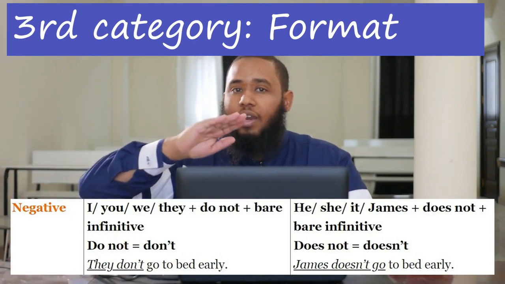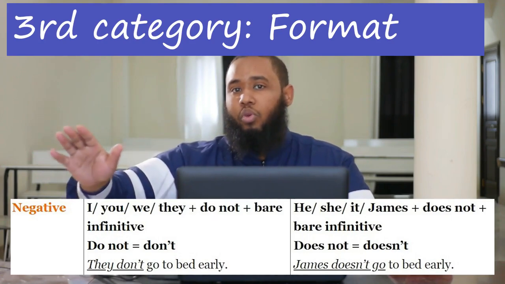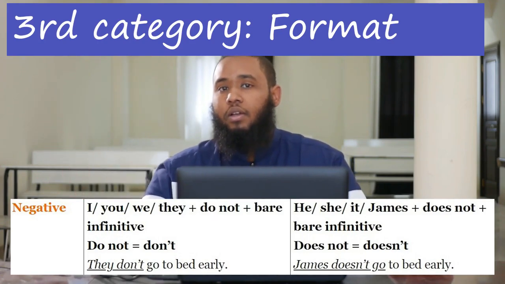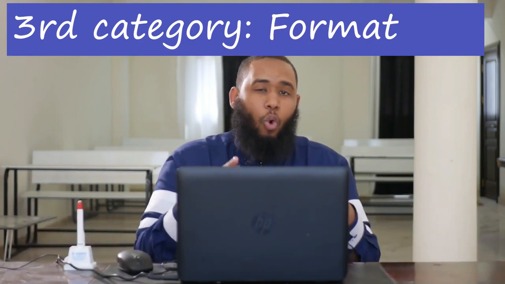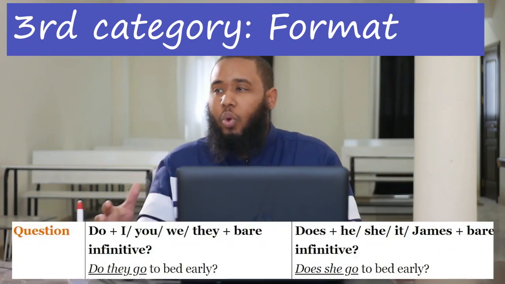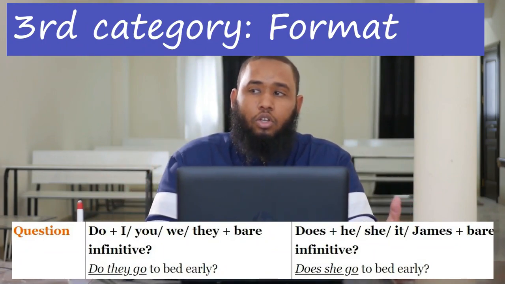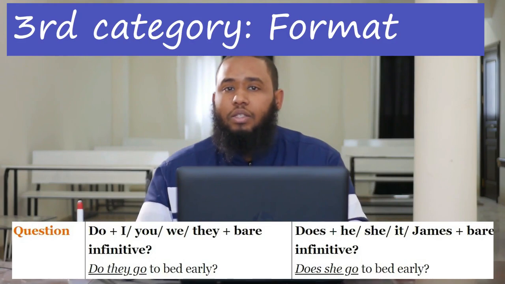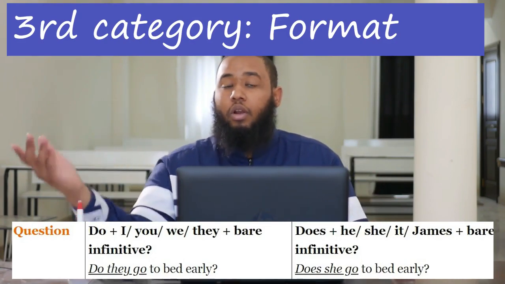So you're negating, it's negative. This thing never happened. They don't go to bed early. It's a negative sentence. And then a question. You're asking something. So for example, do they go to bed early? This is a question. You want to know from the person, do they go to bed early?